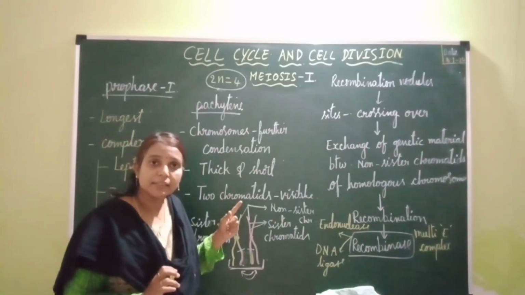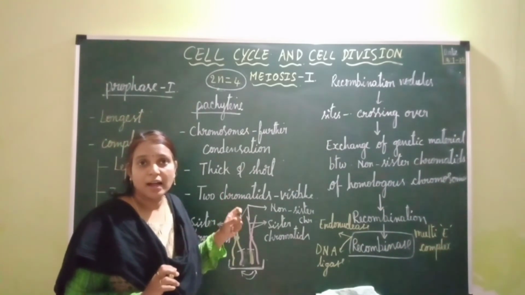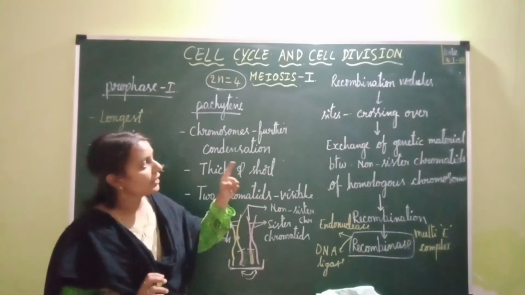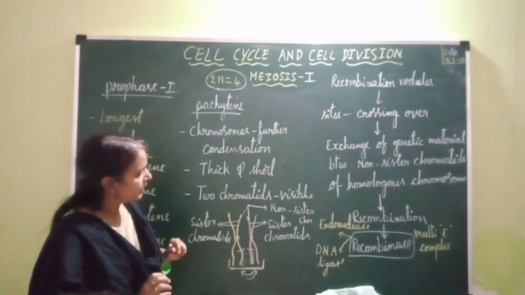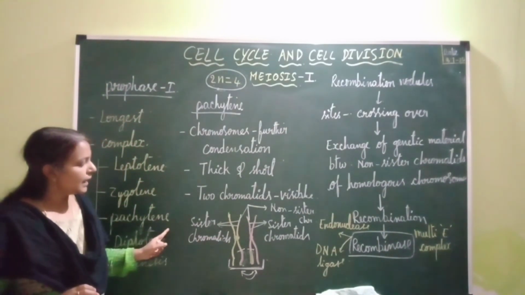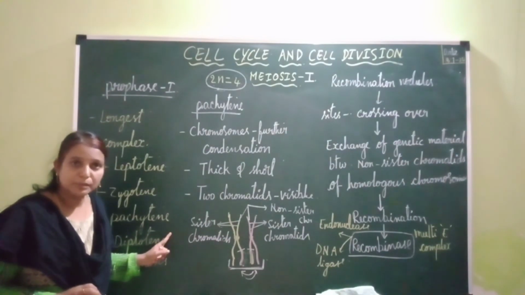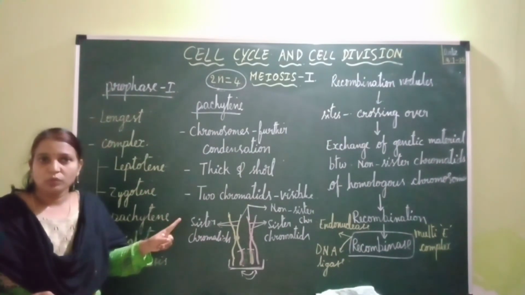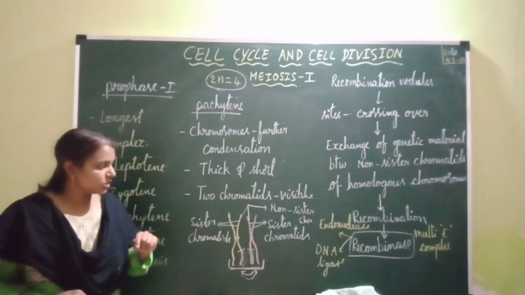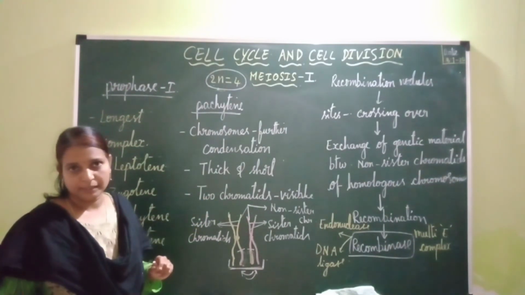So what can we say? Pachytene is marked for crossing over or recombination, which is performed by the activity of an enzyme recombinase.